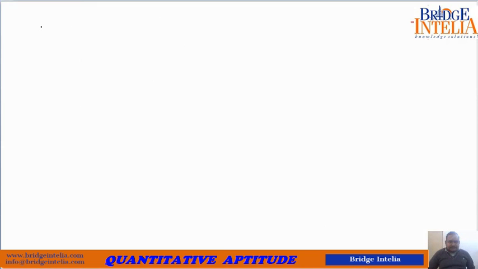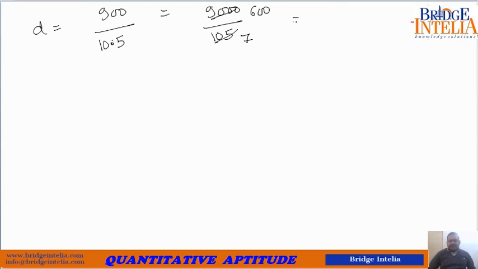If you want to simplify this, 9000 by 105, both 9000 and 105 are multiples of 15. So this comes out to be 600 by 7.